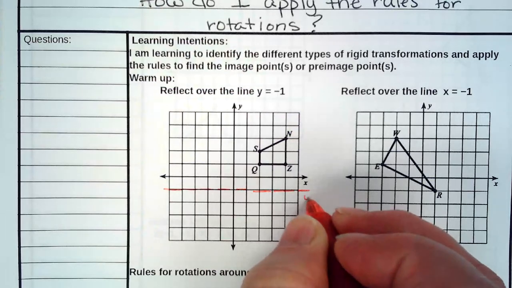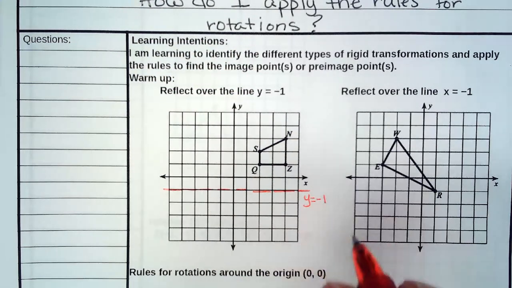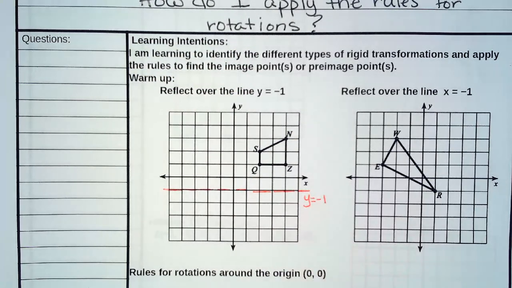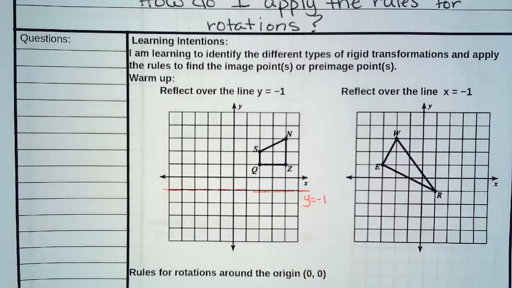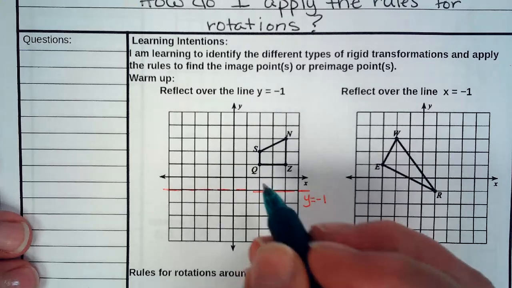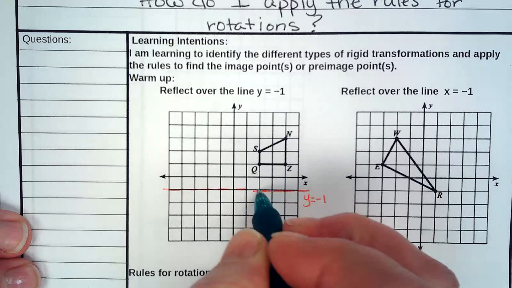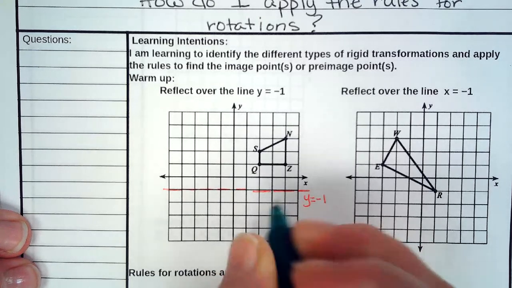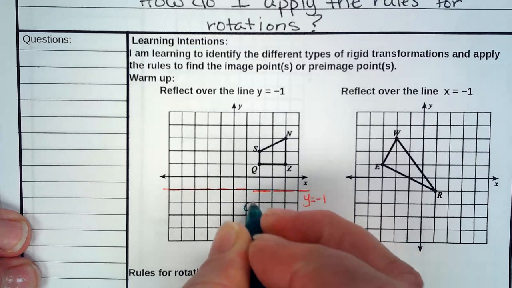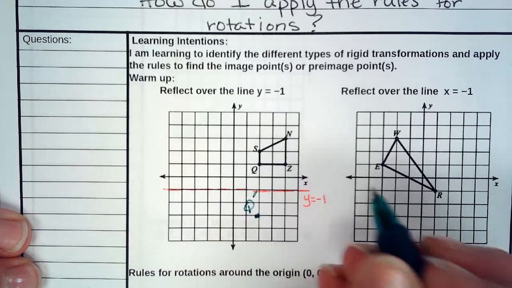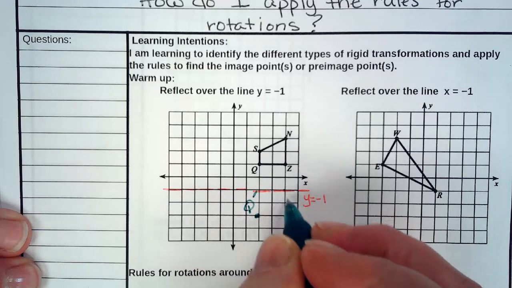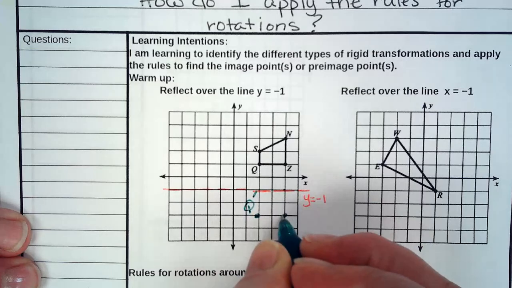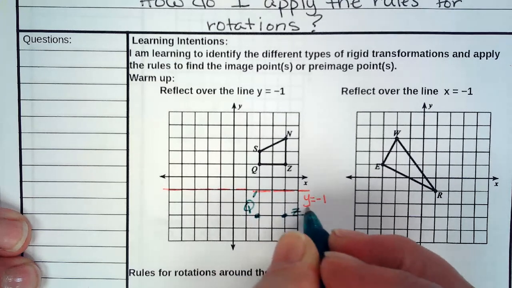So this is the line y equals -1. Now I can count. I count 1, 2, 1, 2. This is my Q prime. 1, 2, 1, 2. This is Z prime.